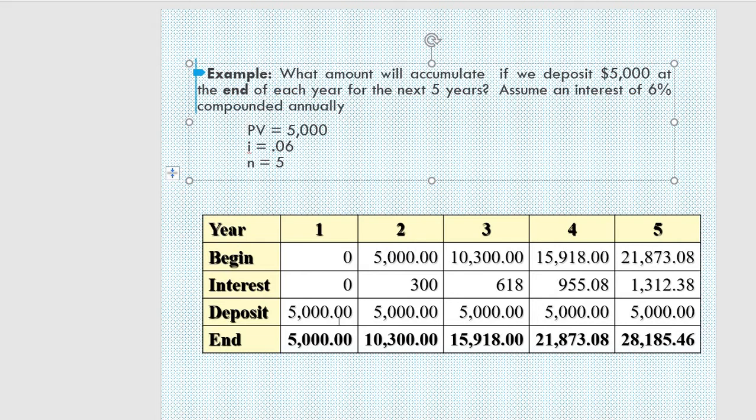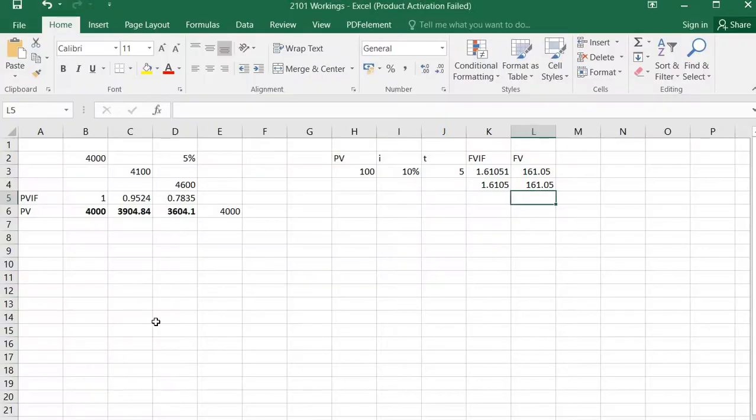Now, that stream of 5,000s which we have there, we are compounding them. As we are compounding them, that's the answer. We accumulated to 28,185.46. But what if we do this?